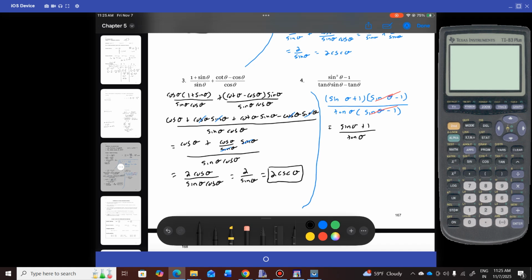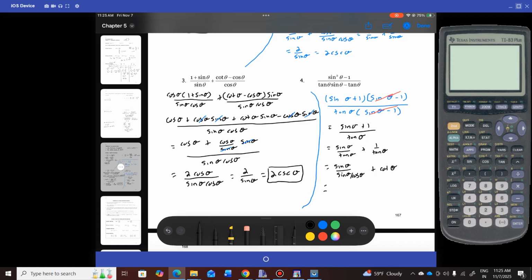I can split these. Sine theta over tangent theta plus 1 over tangent theta. Tangent theta is sine theta over cosine theta. And this is going to be cotangent theta.